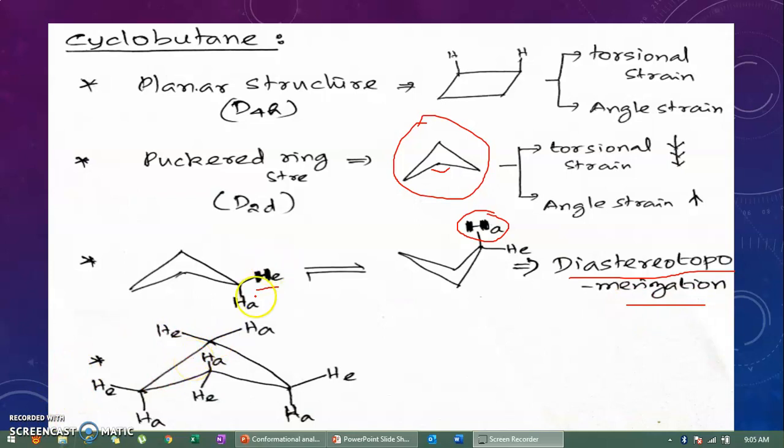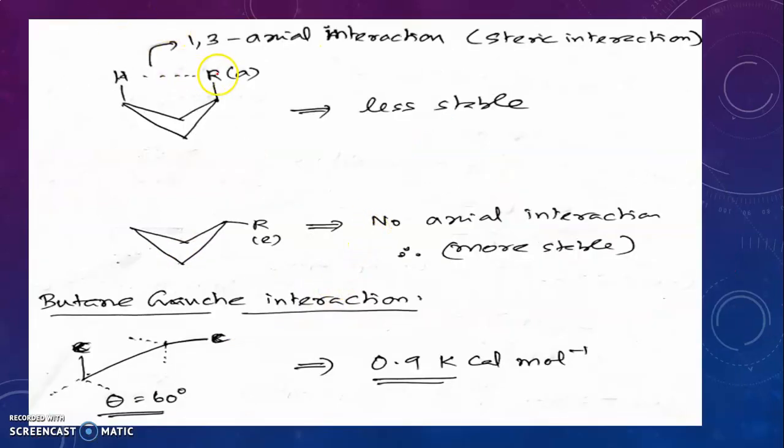In cyclobutane we have 4 axial hydrogens and 4 equatorial hydrogens. This is axial, this and this are axial, and the remaining are equatorial hydrogens. So remember, in cyclobutane there are 4 axial hydrogens and 4 equatorial hydrogens. Then suppose an R group is substituted on any one of the carbons.